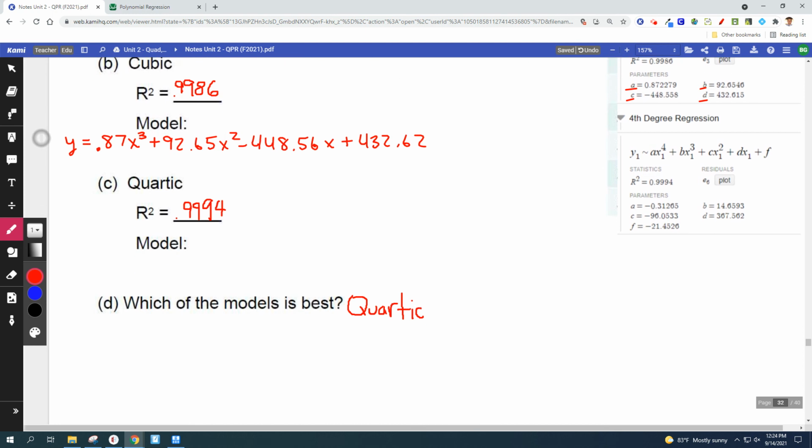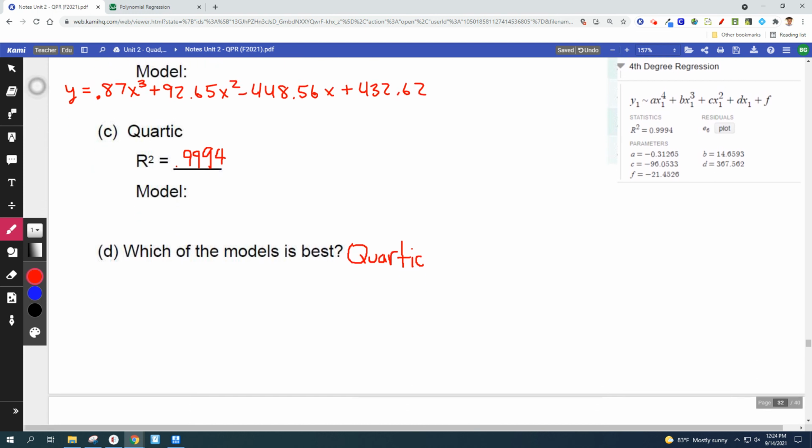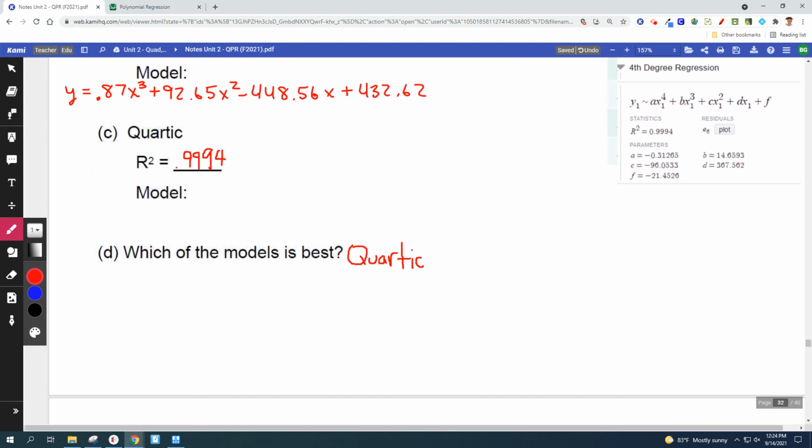Quartic. It's going to have an x to the fourth in it, right? So you put in your A, B, C, D, and F numbers. I think they skipped E because E is a different kind of mathematical number. Right, small, so you can fit all that in.